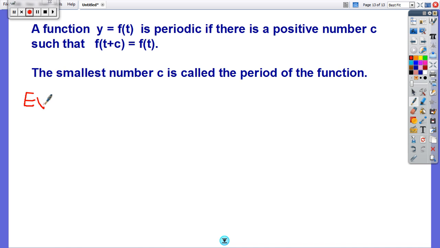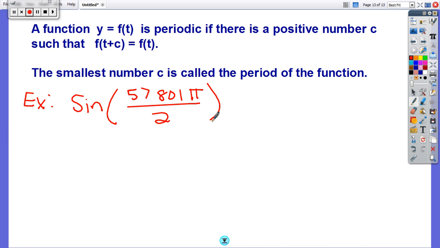For example, let's take sine of 57,801 pi divided by 2. Well, this is really the same as the sine of pi over 2 plus, because this is 1 pi, so now I took 1 away from this, I'm going to have 57,800 pi over 2.